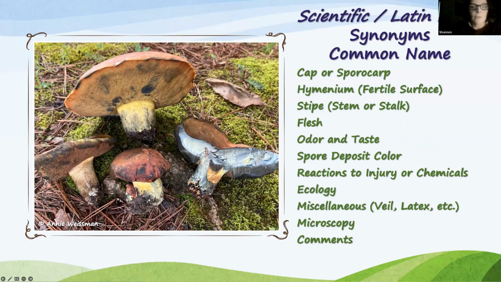And authors of field guides use varied approaches when it comes to species descriptions. I've tried to capture the most common and traditional forms of descriptions that most authors include in green on the right-hand side of your screen.